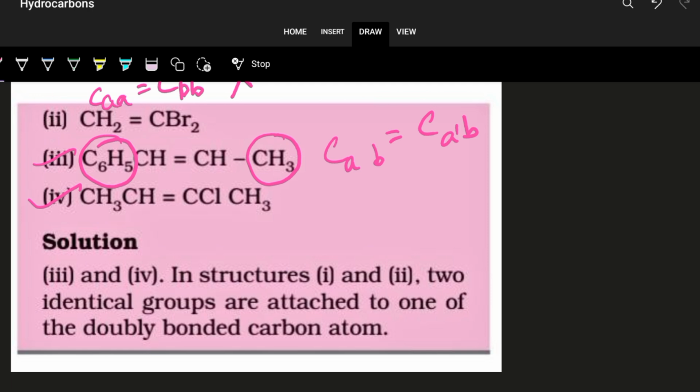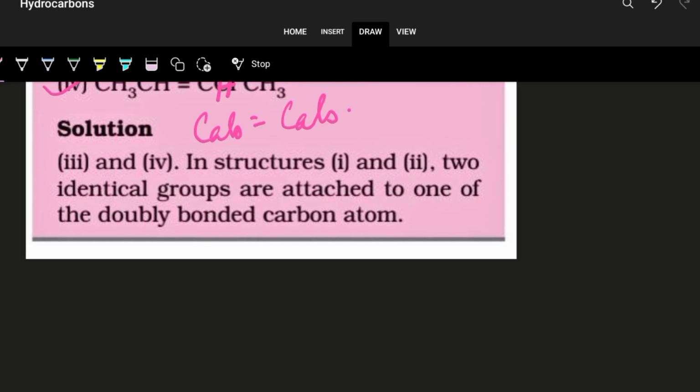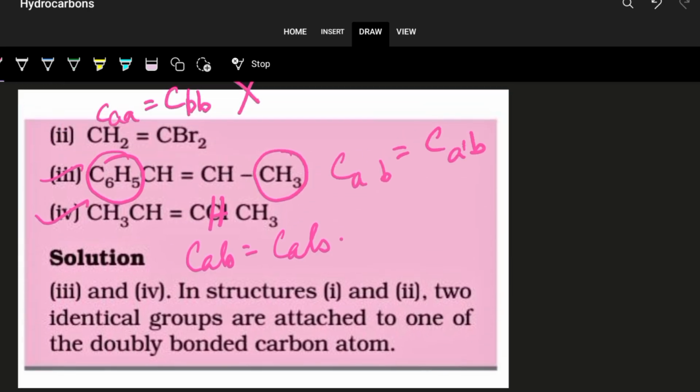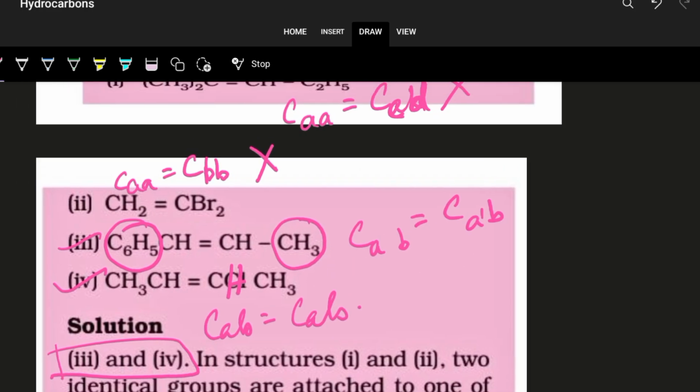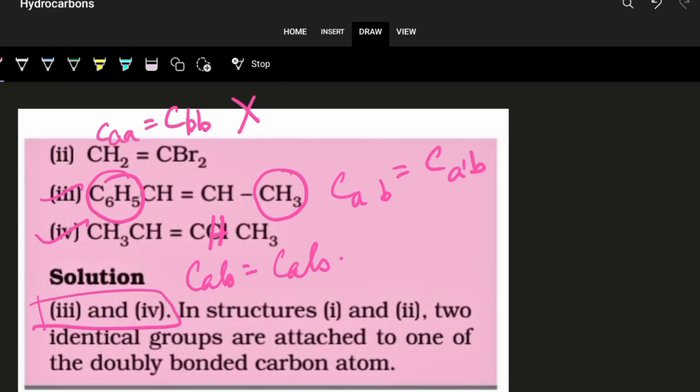So this can show cis-trans isomerism. This needs to be CH. If it is CH, then it is CAB double bond CAB type, and it's given wrong over here. This needs to be corrected. So these are the two that show this type of isomerism, cis-trans.